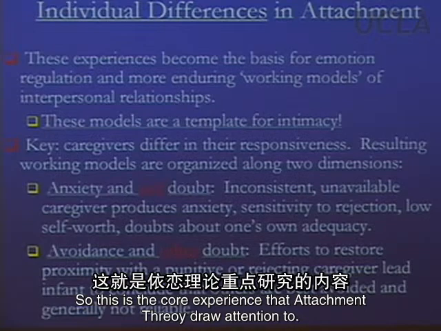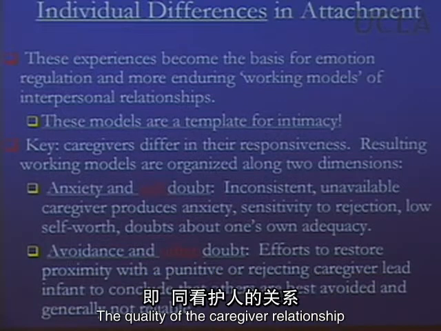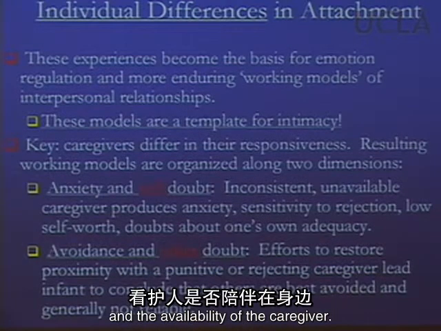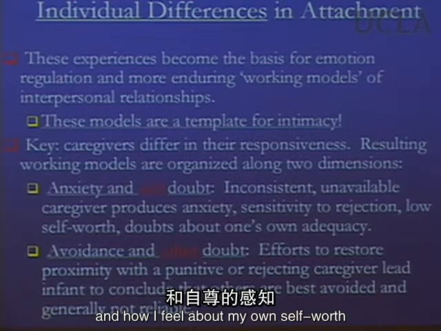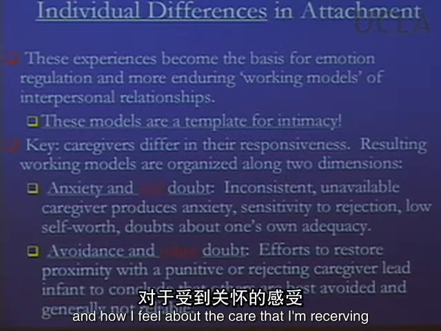So this is the core experience that attachment theorists draw attention to. The quality of the caregiving relationship and the availability of a caregiver and the implications that has for who I am and how I feel about my own self-worth and how I feel about the care that I'm receiving and its availability.